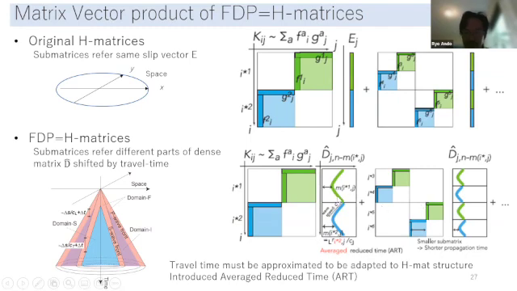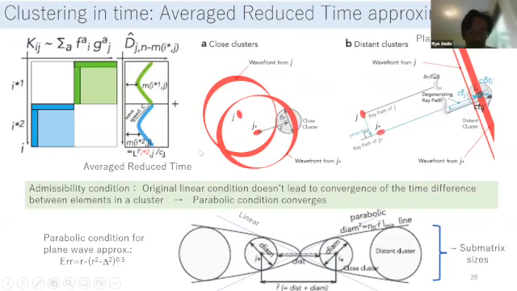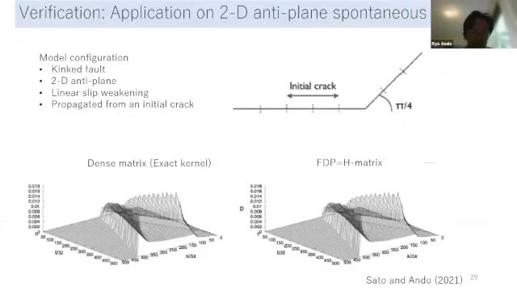So for the larger submatrices, we have to refer by referring to travel time like this, but for smaller ones, this kind of smaller offset or travel time has to be considered. All right, this is too much technical detail, so skip that.